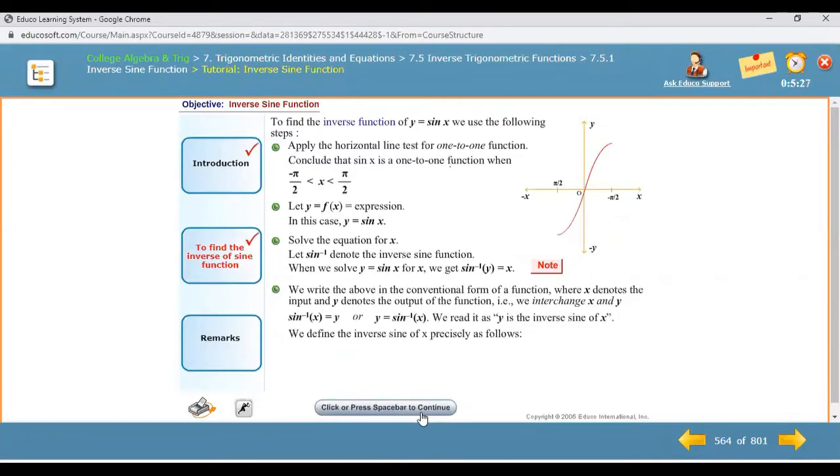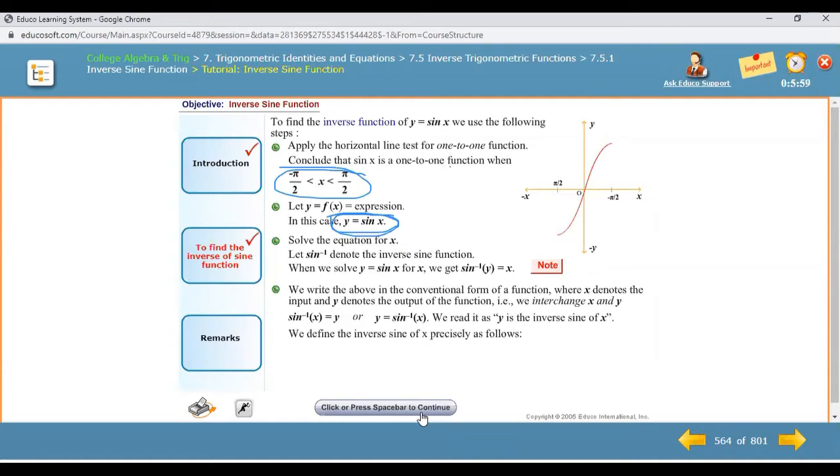Okay, so first thing is from negative 90 to 90. We are working between negative 90 to positive 90. We write the function as y equals sine x. Now, after we write y equals sine x, we solve the equation for x.